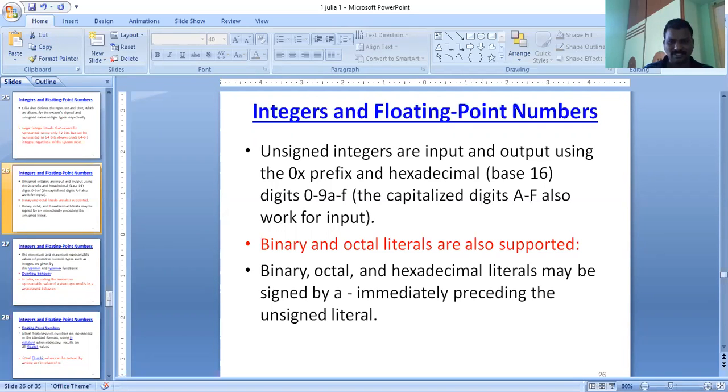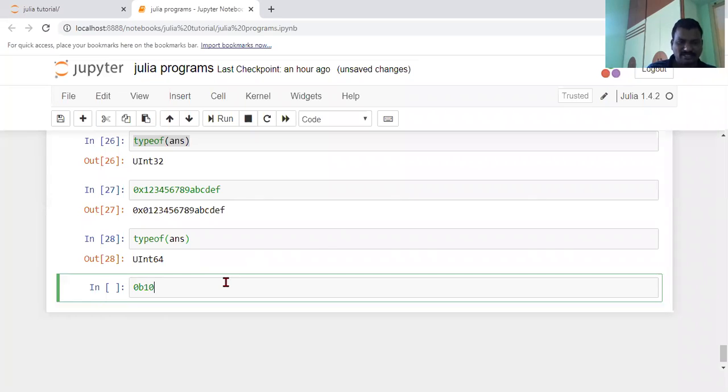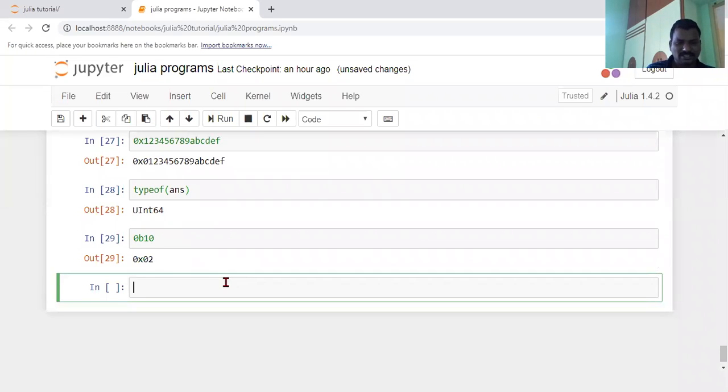If you take the binary literal, the value is 0b, for example 0b10, that is called a binary number. In this way the constant literal values are represented.